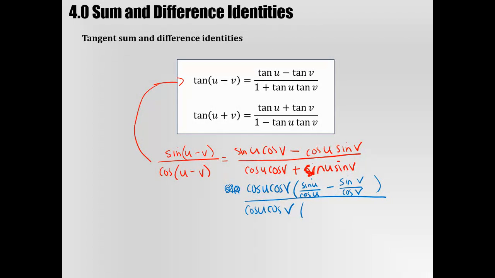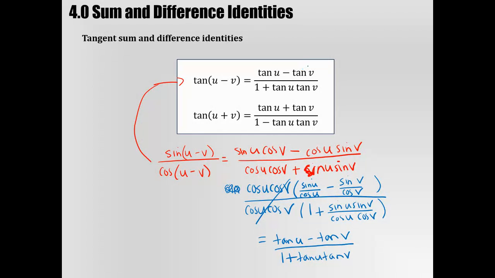And the denominator, if I factor it out, this is just going to be a 1 plus sine, sine is still going to be there. They're both going to be there, right? I'm going to have sine and sine over cosine mu, cosine nu. Okay, these will cancel. And then check out what I'm left with: tangent of mu minus tangent of nu over 1 plus tangent of mu times tangent of nu.